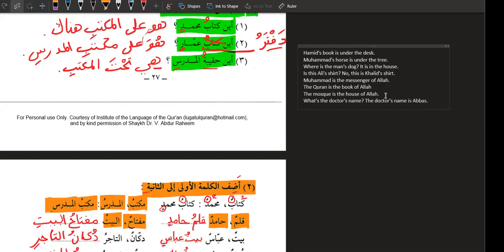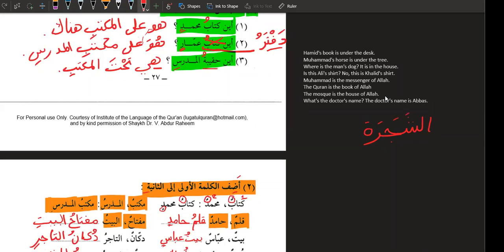Jade. So we have 8 sentences. Hamid's book is under the desk. Muhammad's horse is under the tree. The word for tree in Arabic, the only word we haven't done, is shajara. It's feminine.